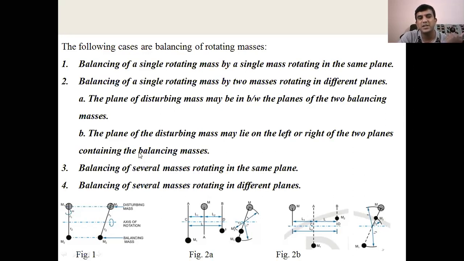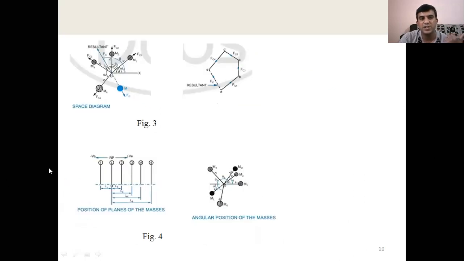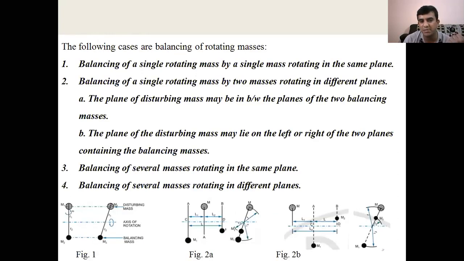Third one is balancing of several masses rotating in the same plane. See figure number 3: several masses are rotating in the same plane. By seeing the side view, you come to know that all the masses come in the same plane. That is the third case, balancing of rotating masses in the same plane.